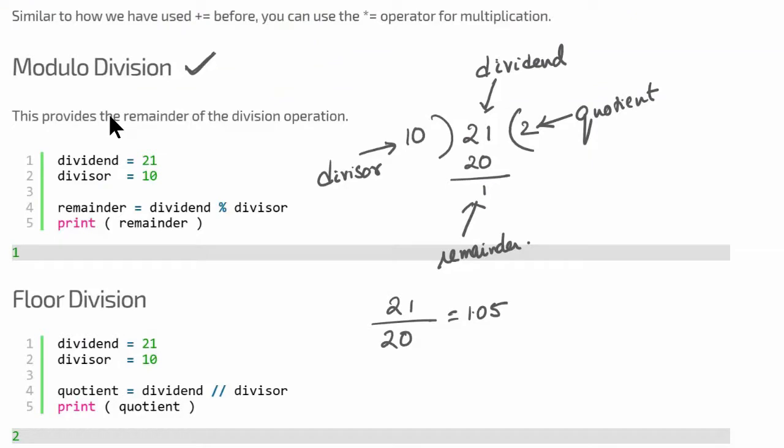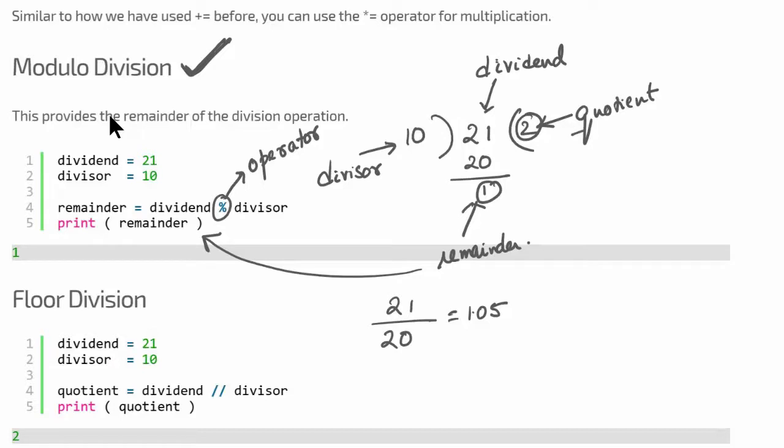But what if you want this number and this number, the quotient and the remainder? There are two operations for that. One is the modulo division. The sign for that, or the operator for that, this is the operator. And what it returns is the remainder. So if you want the remainder, use the modulo division operator.